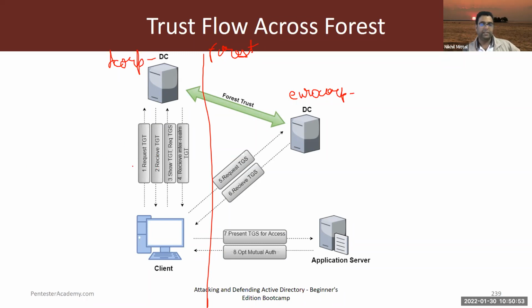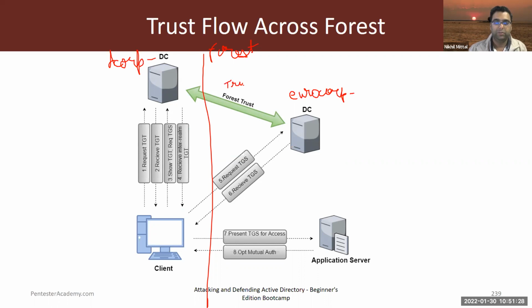So the flow is exactly the same. You request a TGT to your DC, receive a TGT, you show that TGT, and request a TGS. Now your DC realizes that that TGS, that SPN or that service does not belong to your current realm, but it belongs to the realm of a forest trust. So it responds with an inter-realm TGT. Your client then presents that inter-realm TGT to the forest DC, to the DC of the other forest.